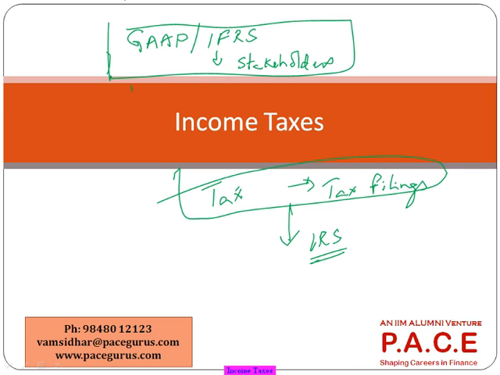Because the entries are different in both of them, and the estimates which both of them are talking of are different. But the real tax payment is as per IRS. In reality, whatever tax you are paying is as per IRS, because they are the tax filing system. So whatever number comes out as the tax there is what has to be really paid. But your financial statement was showing a different number for tax.